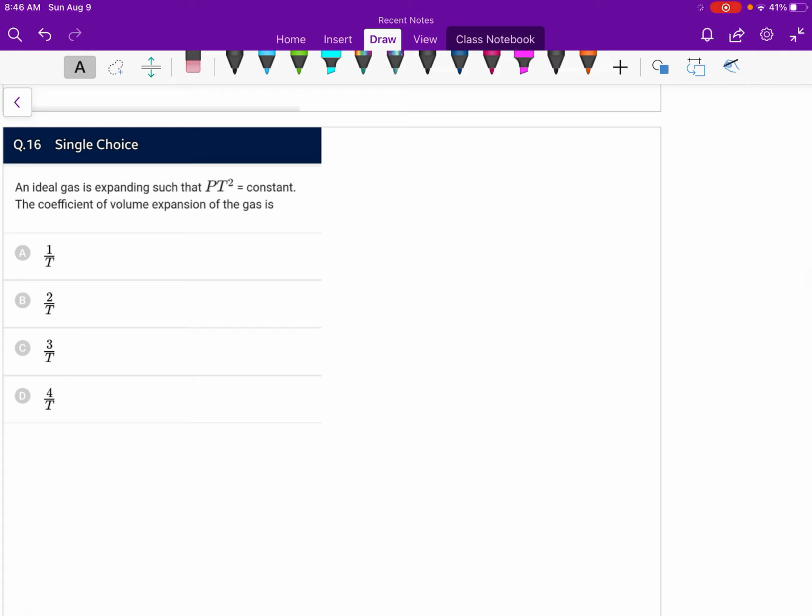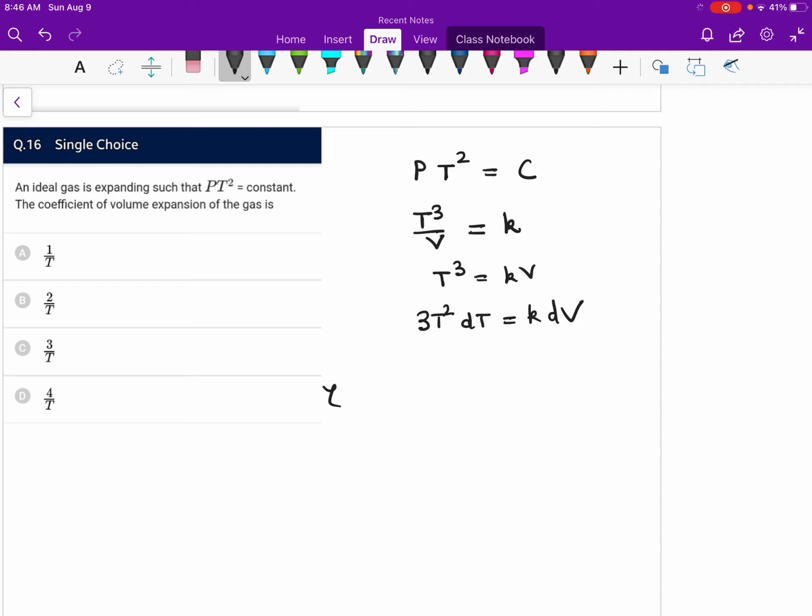An ideal gas is expanding such that P T square is constant. The coefficient of volume expansion. So P T square is constant. We write P as T by V. So T cube by V is some constant K, or T cube is K V. So 3T square dT is equal to K dV.